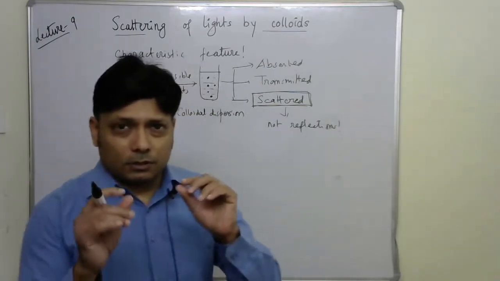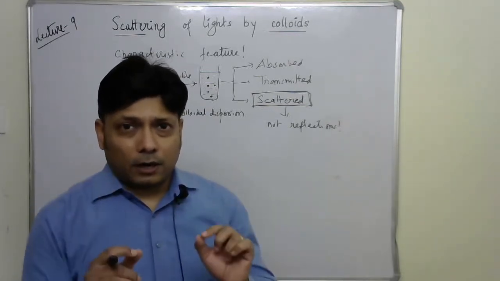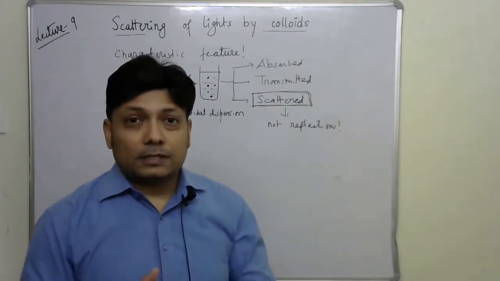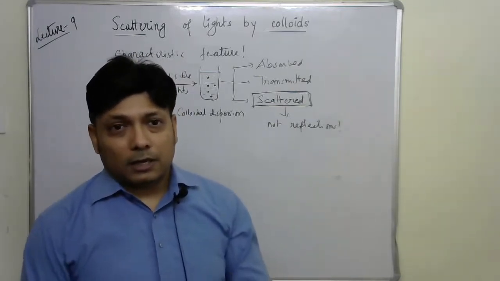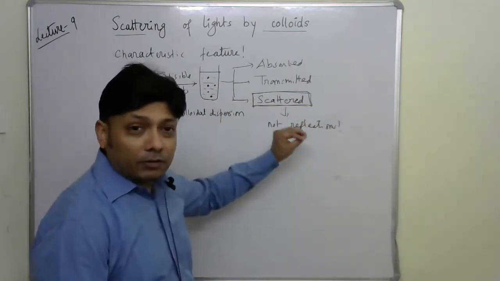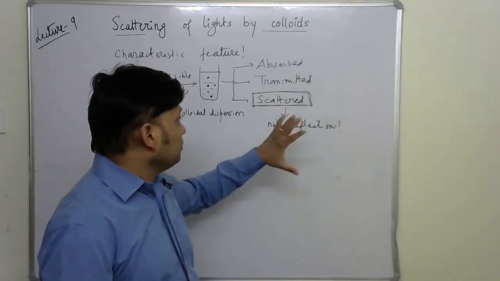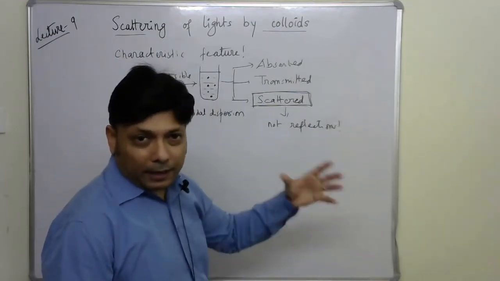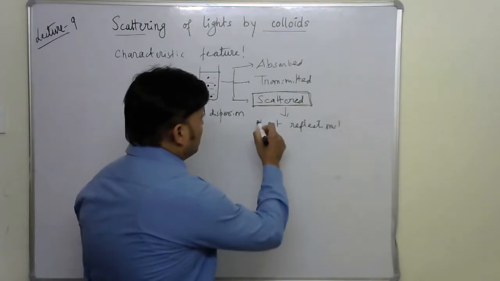You can see these dust particles floating in the air and shining. That's not scattering, though. This is basically a reflection of light by the suspended dust particle, because a particle scattering light cannot be seen by the naked eye.